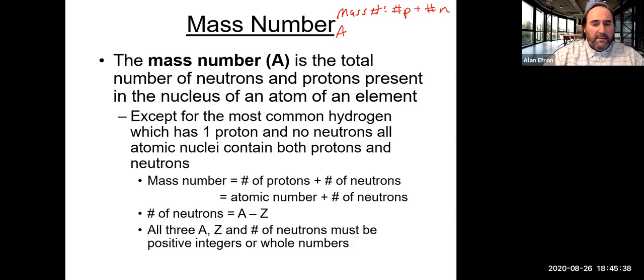The atomic number is the number of protons, which means if you subtract those two, protons cancel, and you will be left with the number of neutrons. So if you take the mass number minus the atomic number, it will tell you the number of neutrons there are in that particular atom.